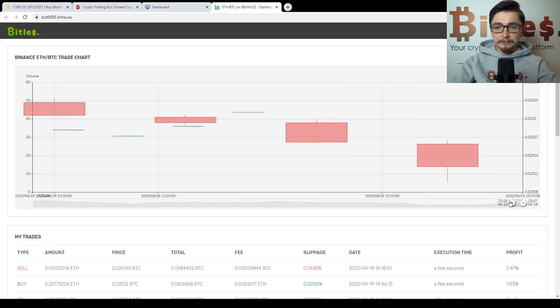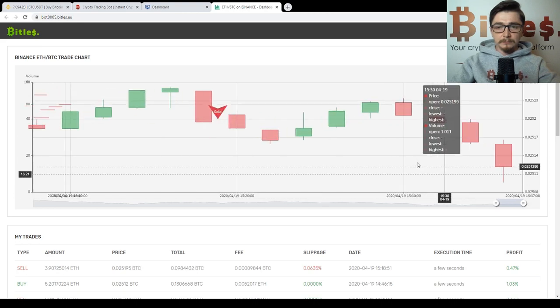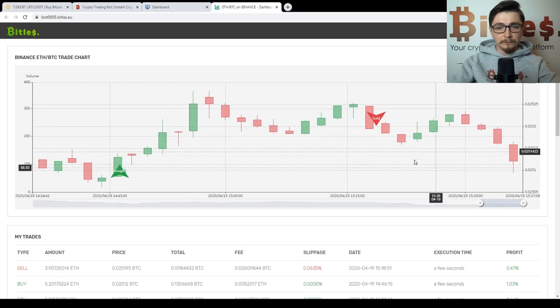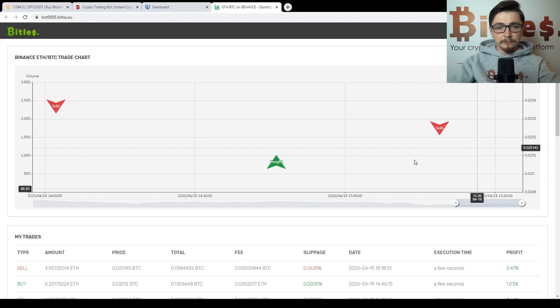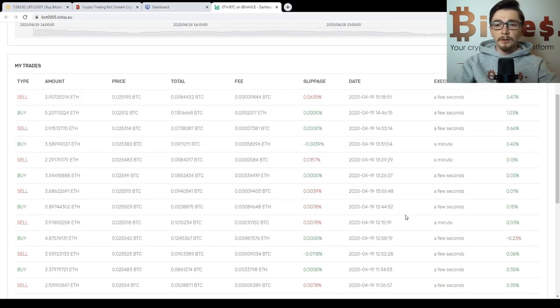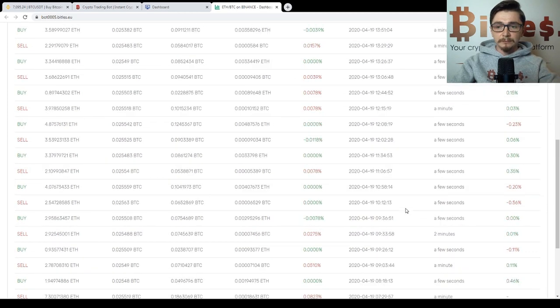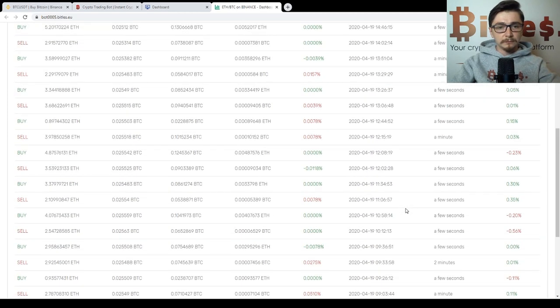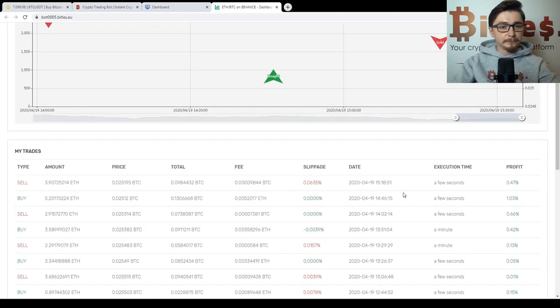We can scale it to get a more general picture of this. And also pay attention to the history of trades made by this bot. It is formed in real-time mode for each of our bots. So this is what this part looks like. There are all details of trades here.